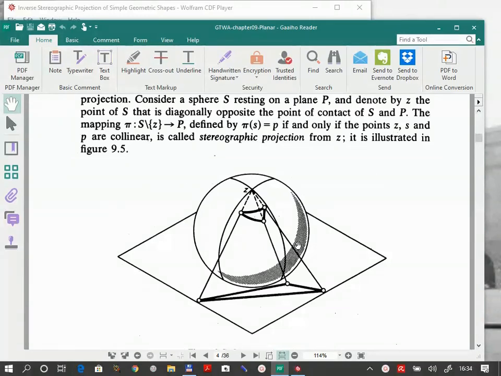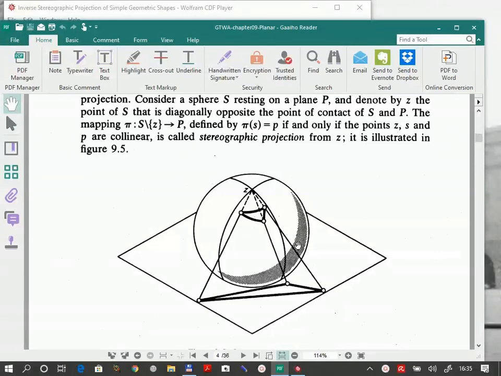All right, so you have a map sending each point of the sphere apart from the north pole to each point of the plane. So it's a bijection between the sphere minus one point and the plane, and I can assure you that it is continuous and its inverse is also continuous, so a homeomorphism.